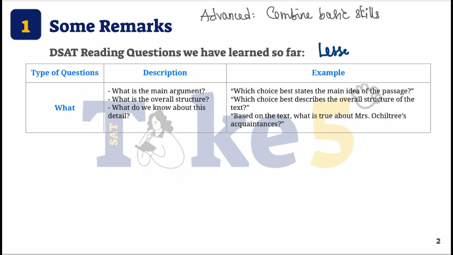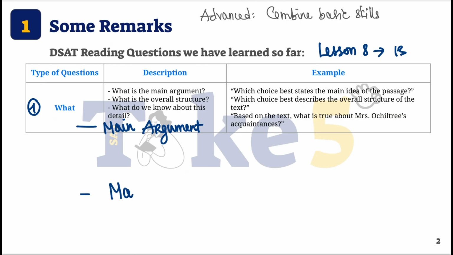From lesson 8 to lesson 13, we have tackled the SAT reading by approaching three types of questions. First is questions focusing on the what, finding the main argument. Remember, it goes beyond just the topic, and identifying the main details or what specifically is said about this detail.